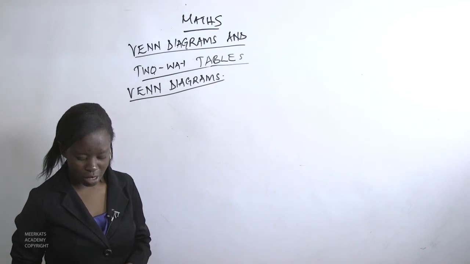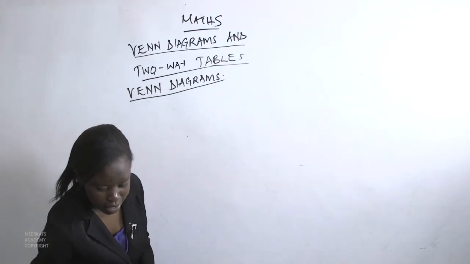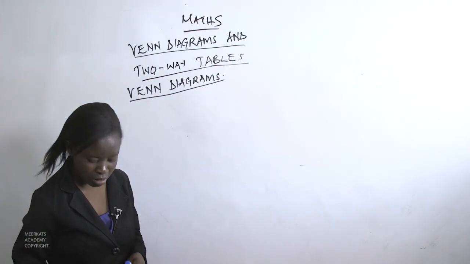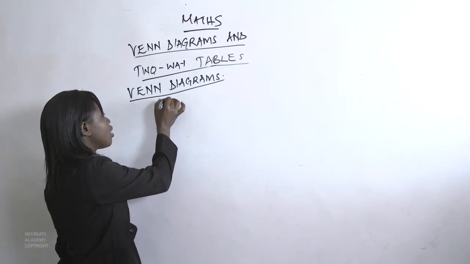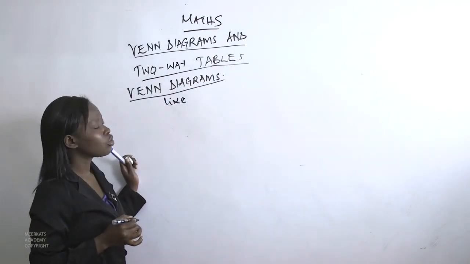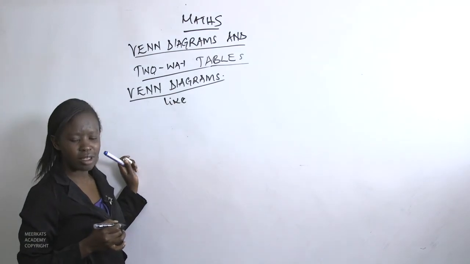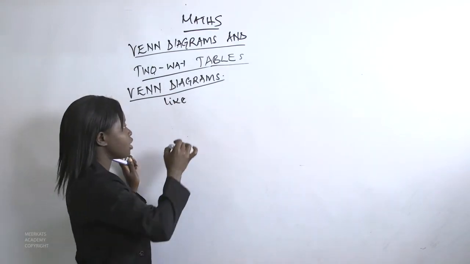For instance, we can use this table to come up with a Venn diagram. So we use these details for us to come up with a Venn diagram. We are having the detail in a two-way table, and I want to transfer my detail in a two-way table into a Venn diagram.